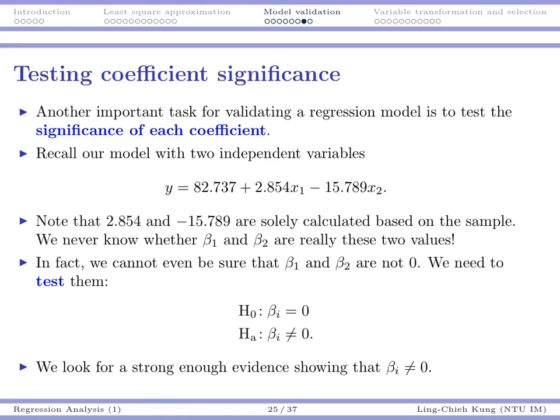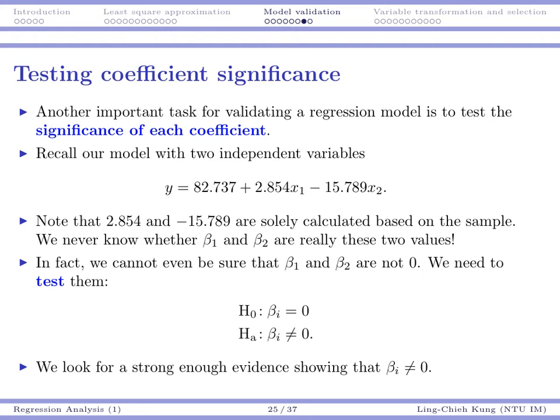We will have no way to conclude that beta i is positive or negative. On the other hand, if beta i hat is quite different from zero, then we probably can get strong evidence showing that beta i, the parameter, is not zero at some given significance level.